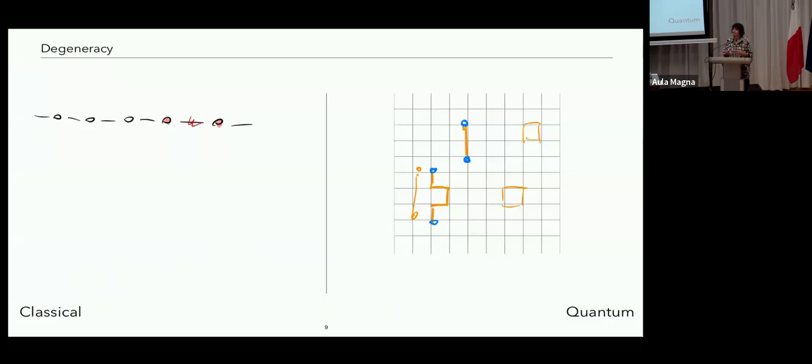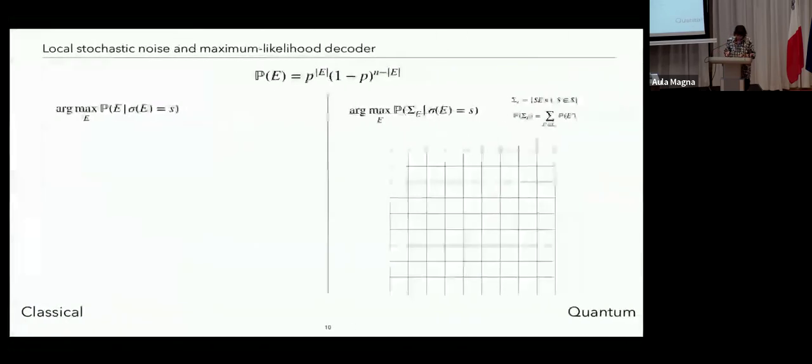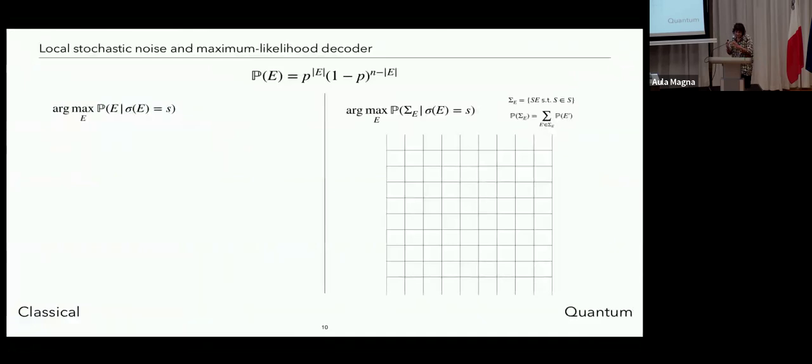We have a lot of errors that are equivalent: they give the same syndrome and have the same action on the system, but a decoder needs to pick one once it gives you an output. Degeneracy is what makes the decoding problem for classical error correction and quantum error correction in the CSS setting different.